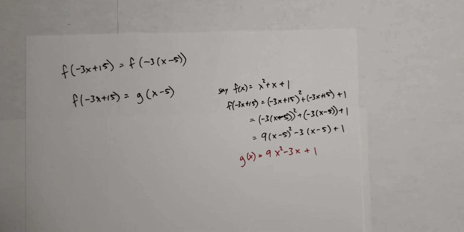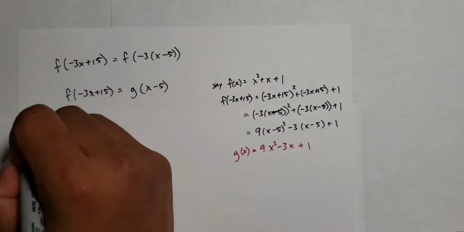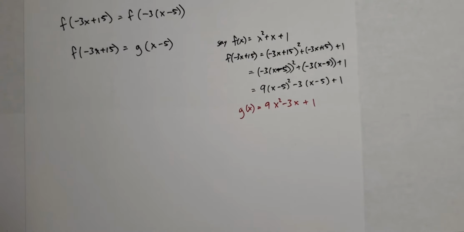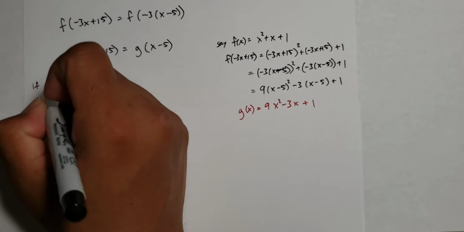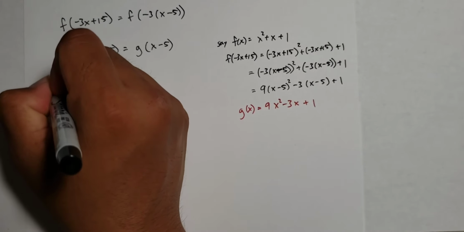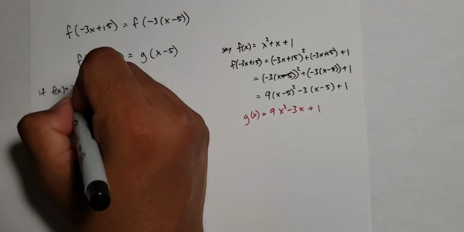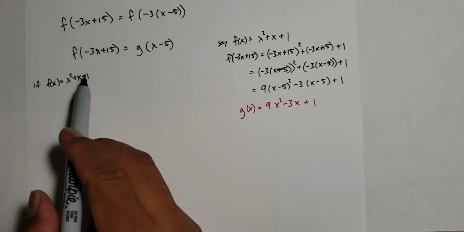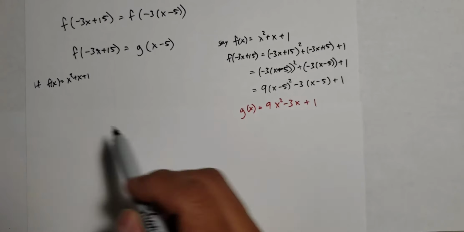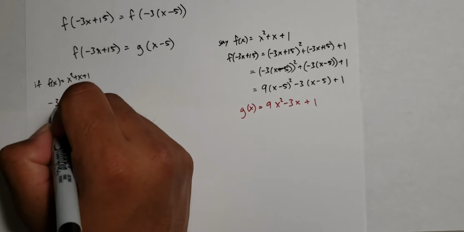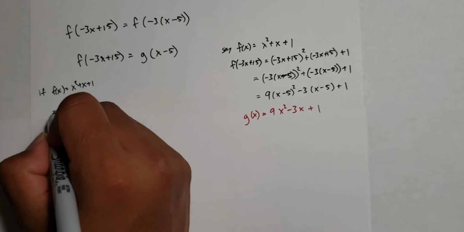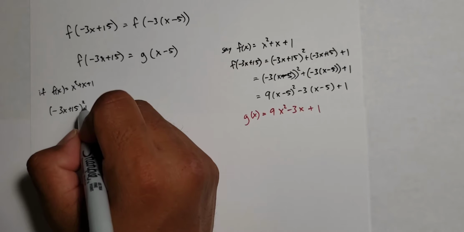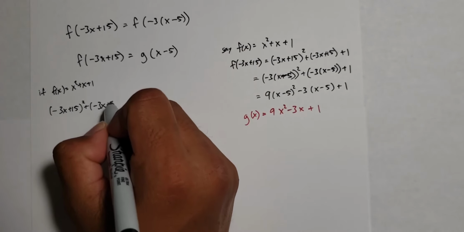So let's see, will that give us the same result, using our concrete example? Again, this should work for any function, but using our concrete example, this might take a little more space. If f of x is equal to x squared plus x plus 1, and we evaluate it at negative 3x plus 15, we would get the expression that we got earlier: negative 3x plus 15 squared plus negative 3x plus 15 plus 1.